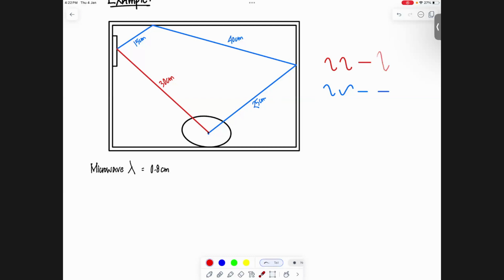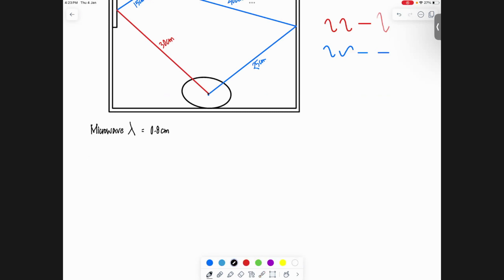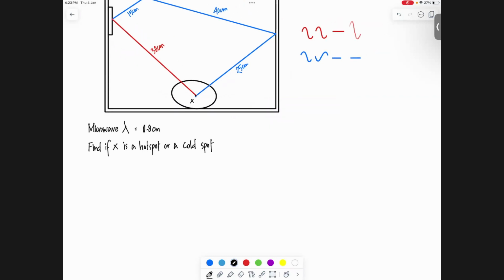Destructive. Okay, try the rest, I'll tell you. What's the path difference you find? 5/2 lambda. 62.5.